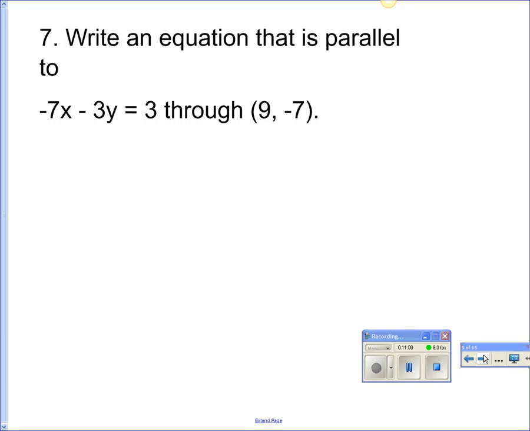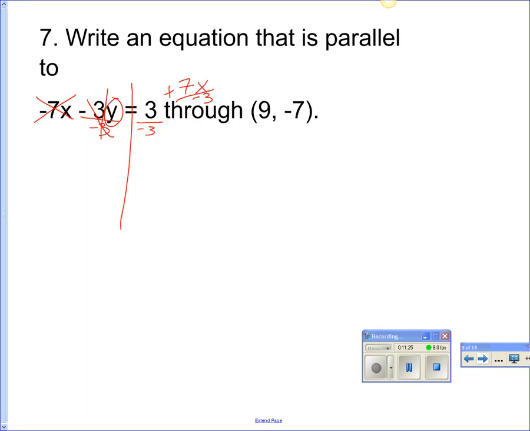No. What do you have to do in this class when you see something like this? Draw your line and circle Y. Draw my line and circle Y. Okay? So what's moving to the other side? And it becomes positive 7x. And then I have to divide. What am I dividing by? Negative 3. Okay?